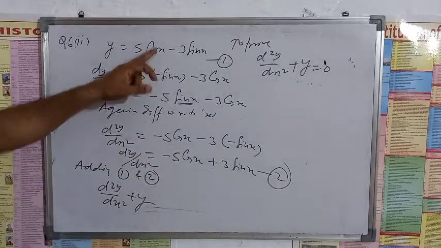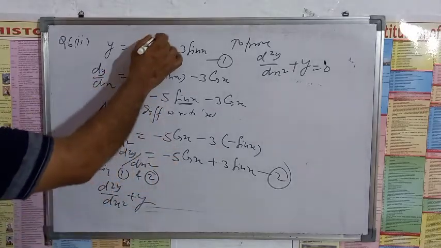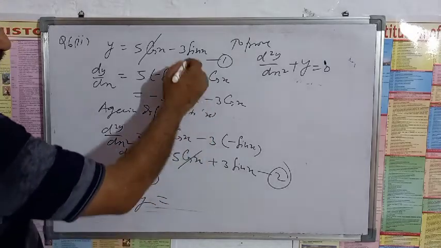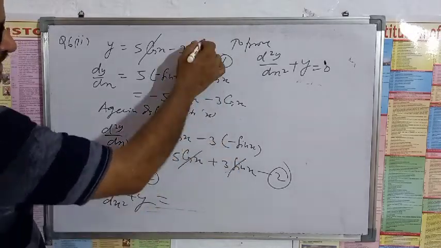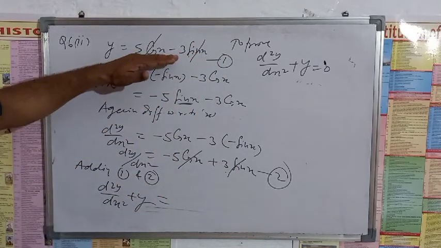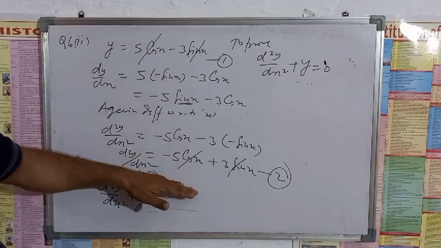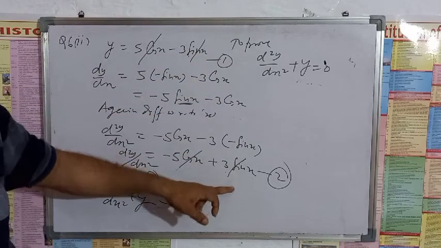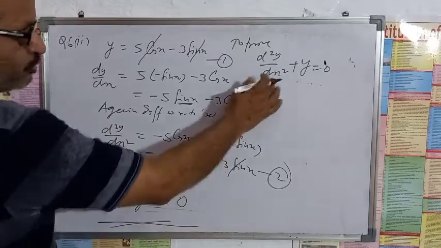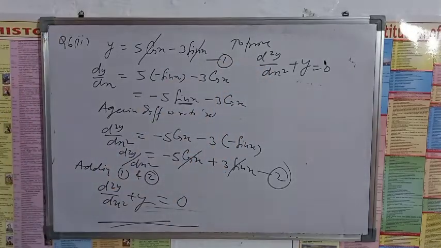On the right side, 5 cos x and minus 5 cos x cancel, minus 3 sin x plus 3 sin x cancel. So right side will be 0. So this result is proved. Question number 6, second part.